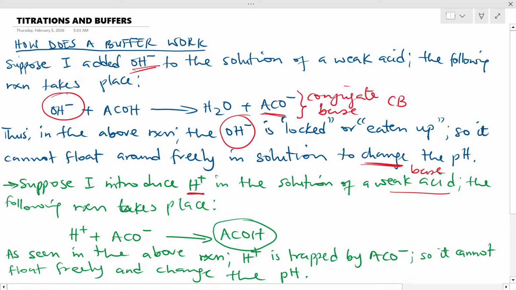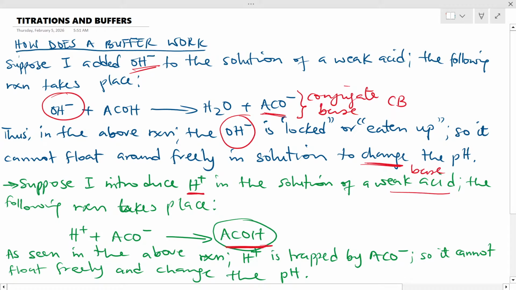Okay, so if you introduce it right here, the following reaction will take place. The H plus that is introduced will react with this acetate, which is your conjugate base, producing back your weak acid.